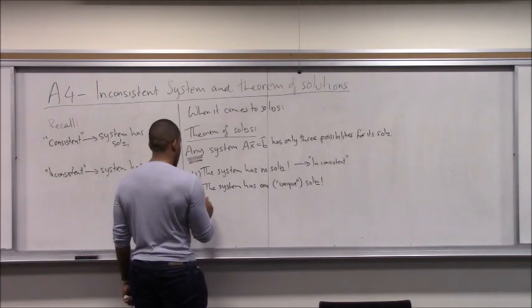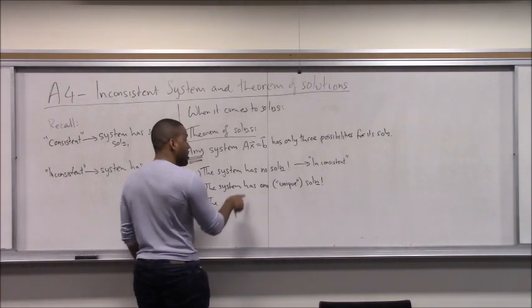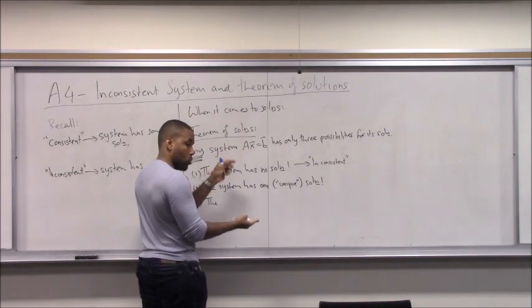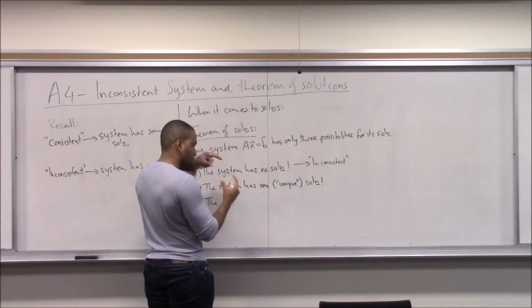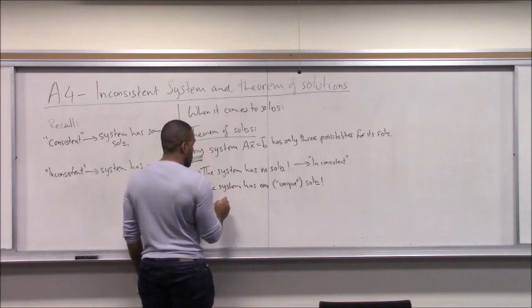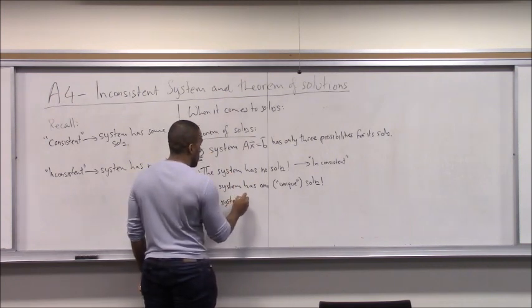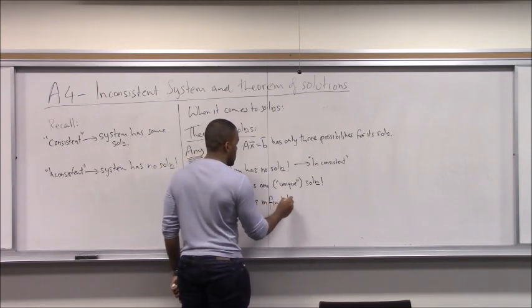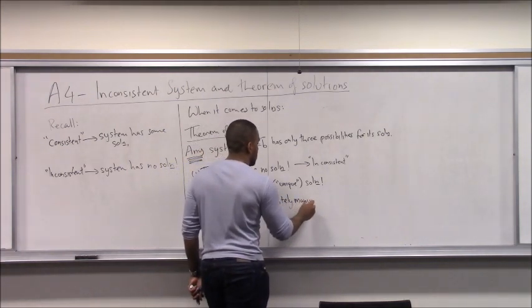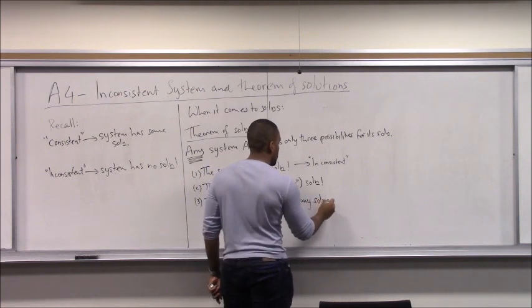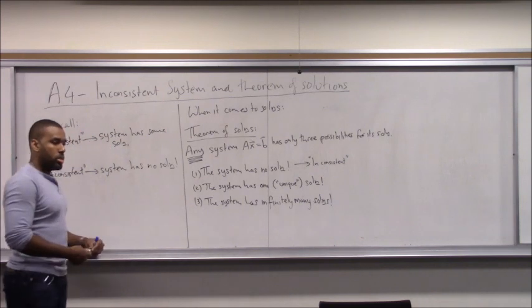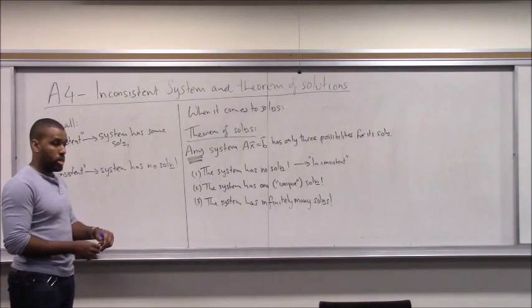3. And these solutions are coordinates, so there could be several numbers in one answer, because the answer is the entire coordinate. The system has infinitely many solutions. When it comes to a linear system of equations, there is no other possibility.